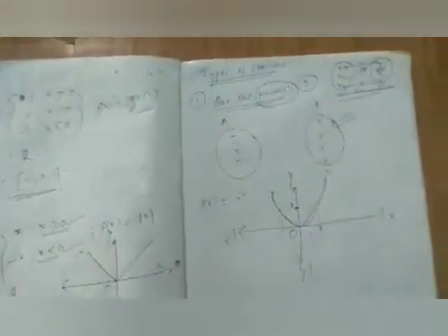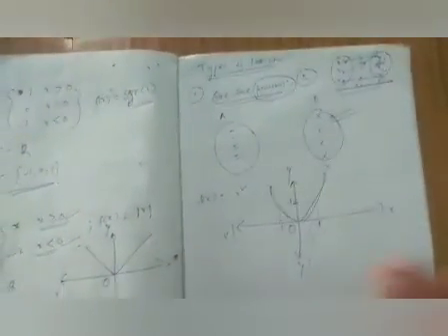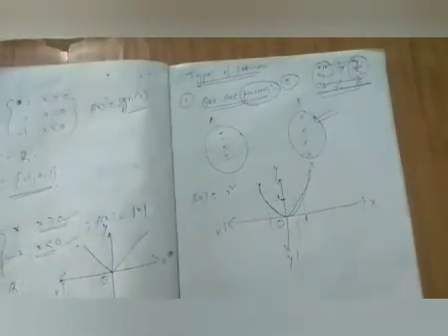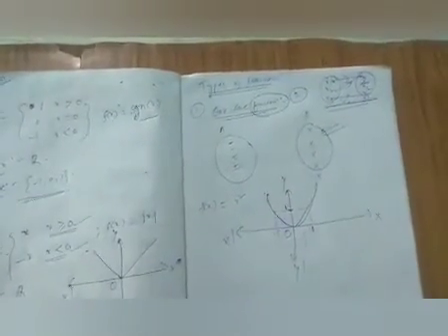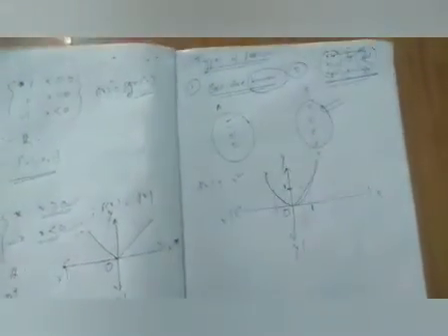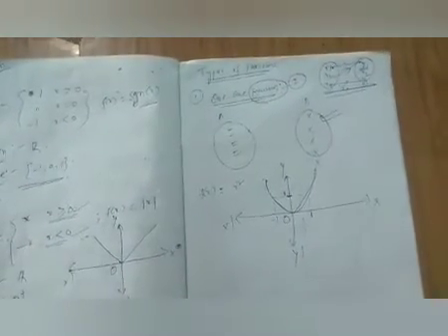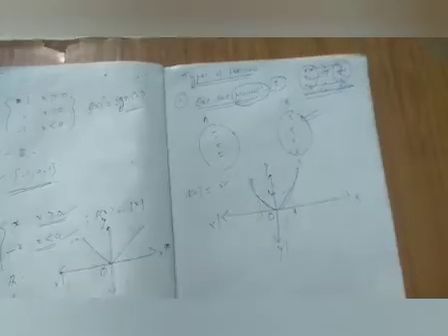In order to check whether it is a one-one function or not, we have to go with the definition. What is the definition? It's not every element, sorry, the element to which it is mapped should have a unique preimage.